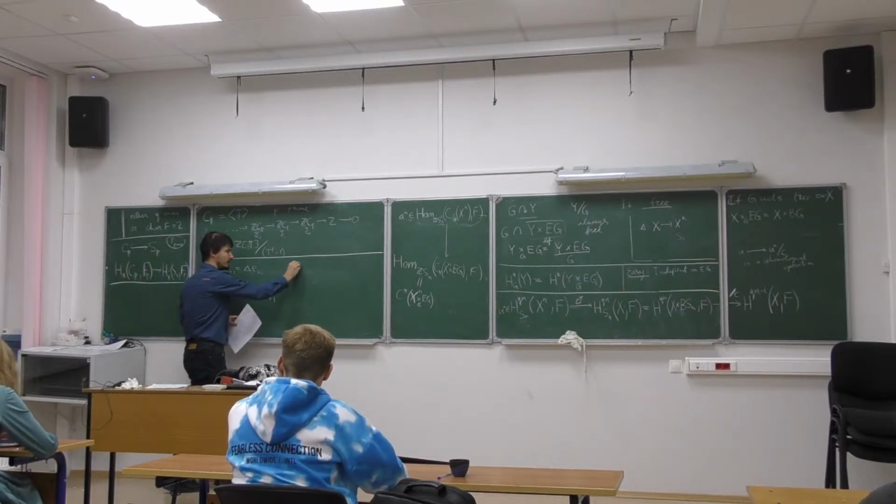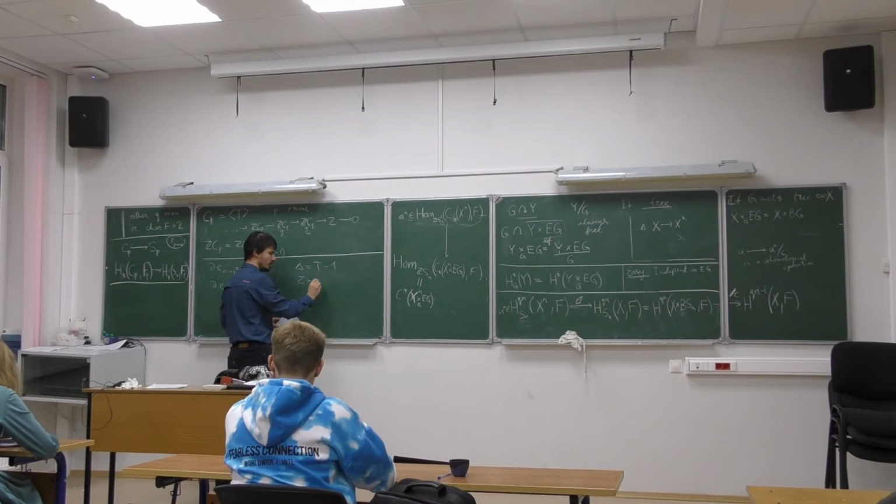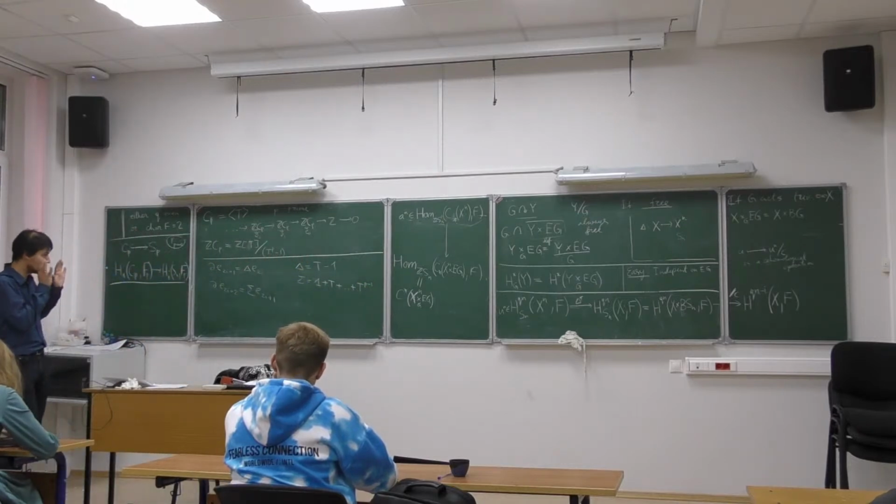Where delta is just t minus 1 and sigma is the sum of 1 plus t plus t to the power p minus 1. Well, this is just a very explicit answer.